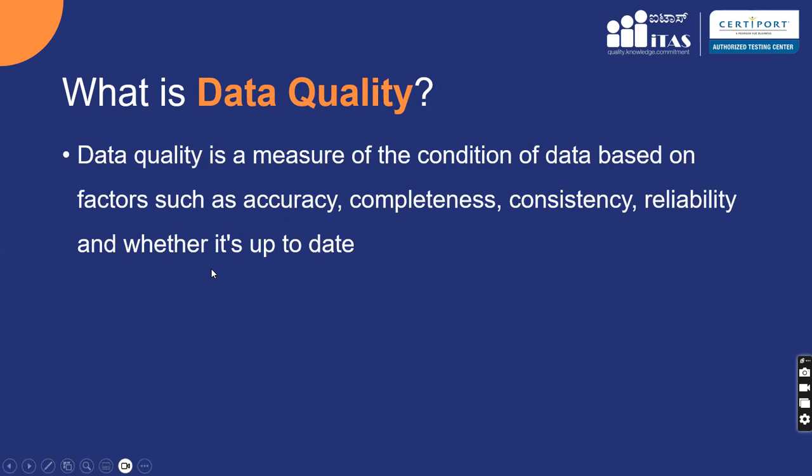Data quality is a measure of the condition of data based on factors such as accuracy. I told you, it should be clean. Completeness, no half data, consistency, reliability, and whether it is up to date. Say you watch cricket and you go to Cricbuzz. If it is showing the score from 1 or 2 hours before, and you have other sites where you'll get all the information immediately, you'll be getting all the latest information.